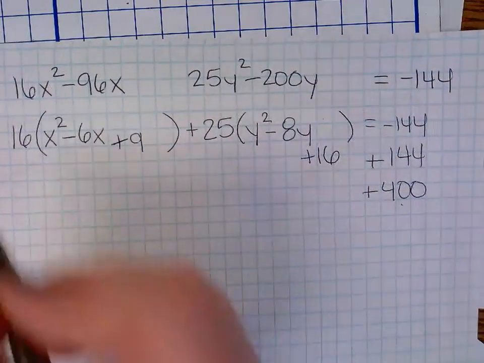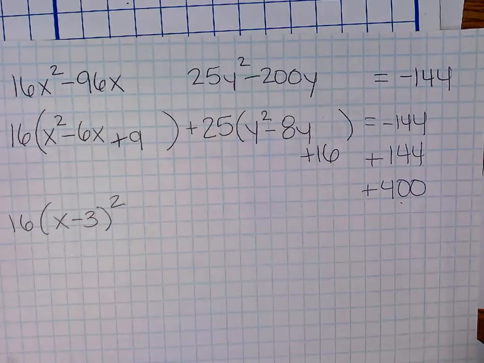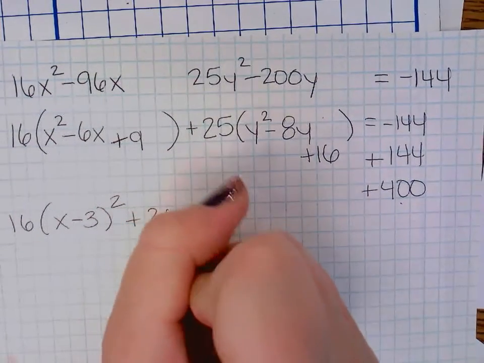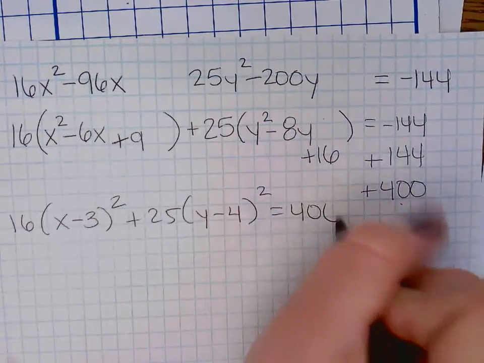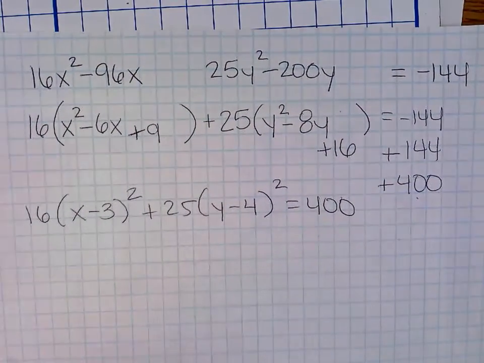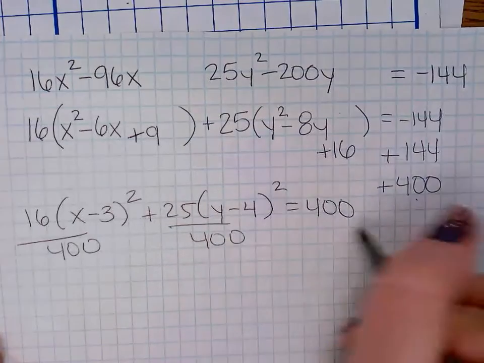So I have 16 times (x minus 3) squared plus 25 times (y minus 4) squared equals 400. And the last step for an ellipse is you have to get 1 on the other side. So to finish, you have to divide through by 400 to get it in standard form.